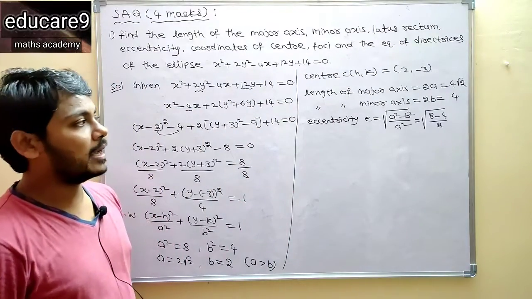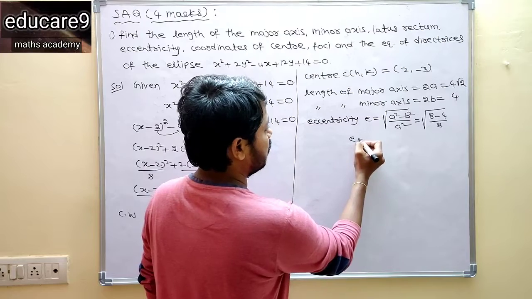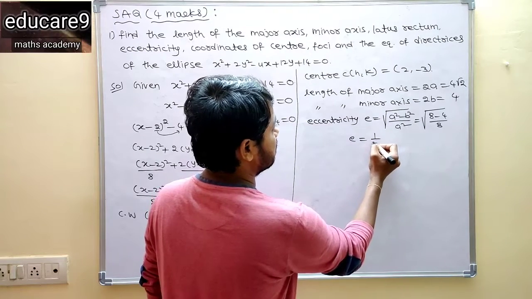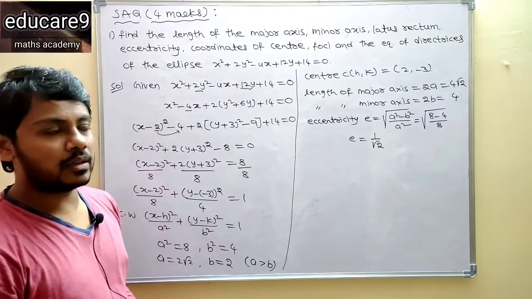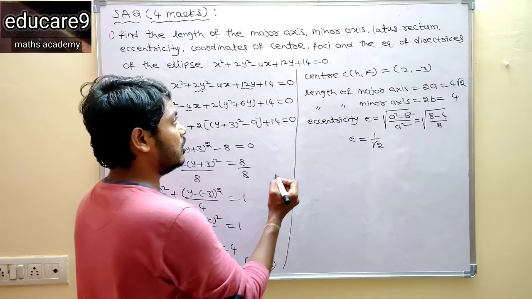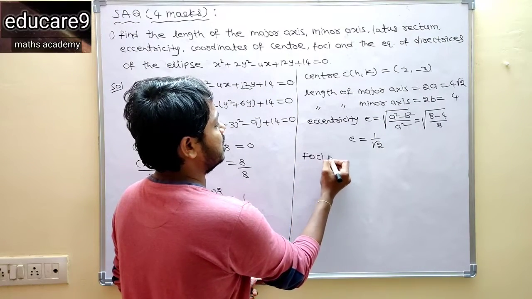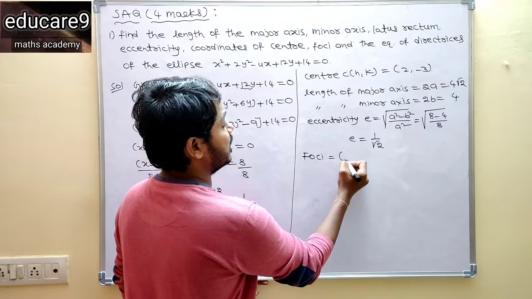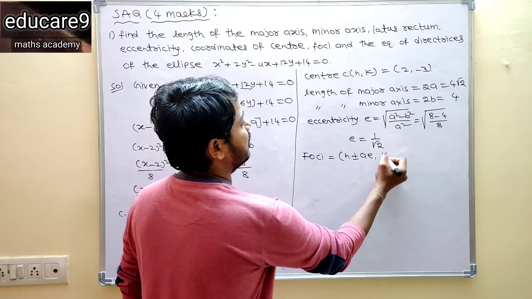So 4 by 8, that is 1 by 2. You will get e is equal to 1 by root 2. Okay, that is the eccentricity of the ellipse. Now you need to find foci. What is foci? So foci is (h plus or minus ae, k).